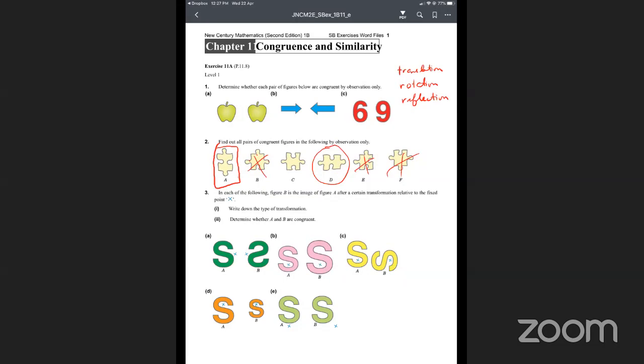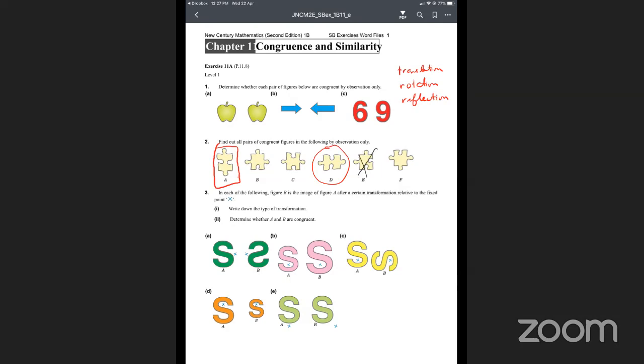Any other pairs? Let's try once again. There are 4 figures we made, and we try to see whether there is another pair. Now it seems I can cross out this one.